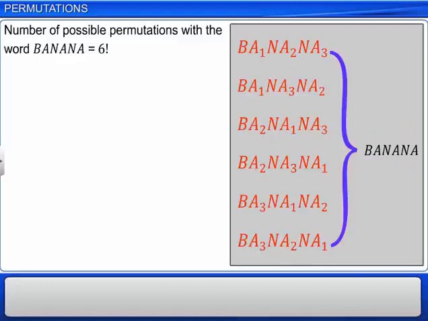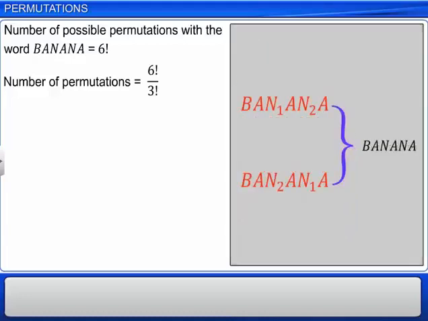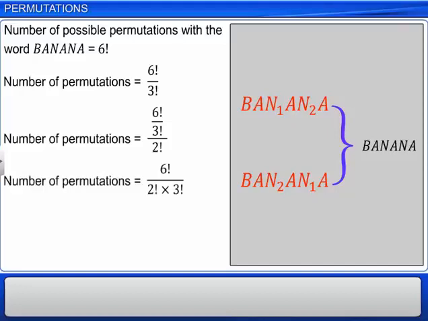One such set of permutations is shown here. Therefore, there are 6 factorial divided by 3 factorial permutations. Coming to the letter N, we have 2 factorial permutations that resemble each other. Therefore, we have the number of permutations as shown. This can be generalized into a formula.